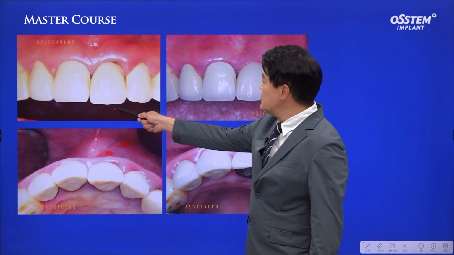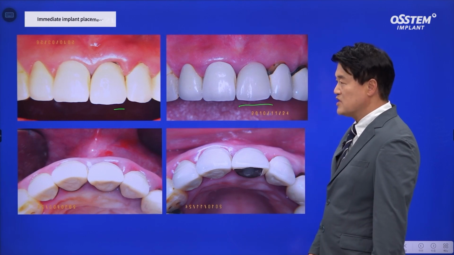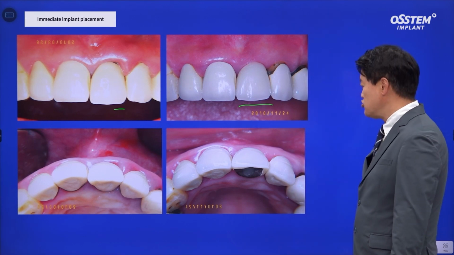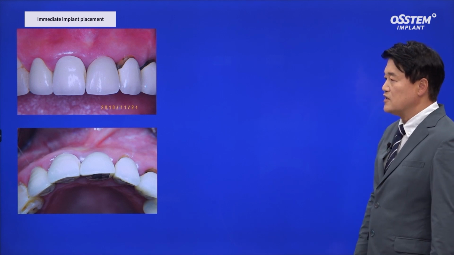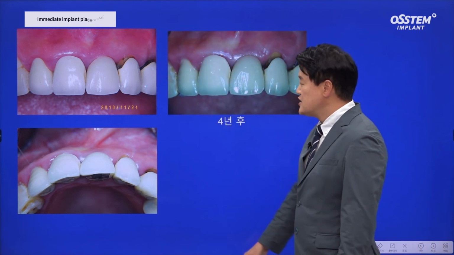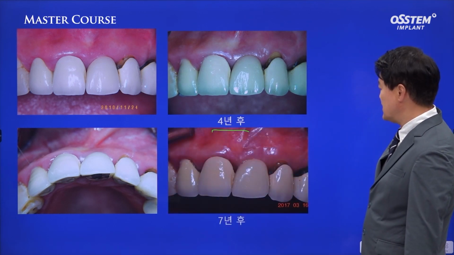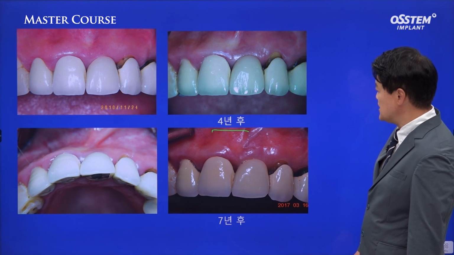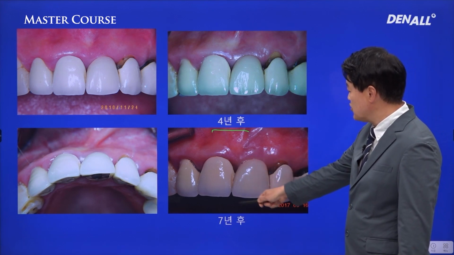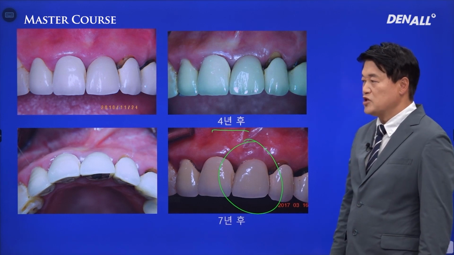Compared with before extraction, the prosthesis looks unchanged and it is quite ideal. The results are very good. This is after prosthesis and this is after 4 years and 7 years since prosthesis delivery. You can see that stable results have been achieved although a significant period has elapsed.